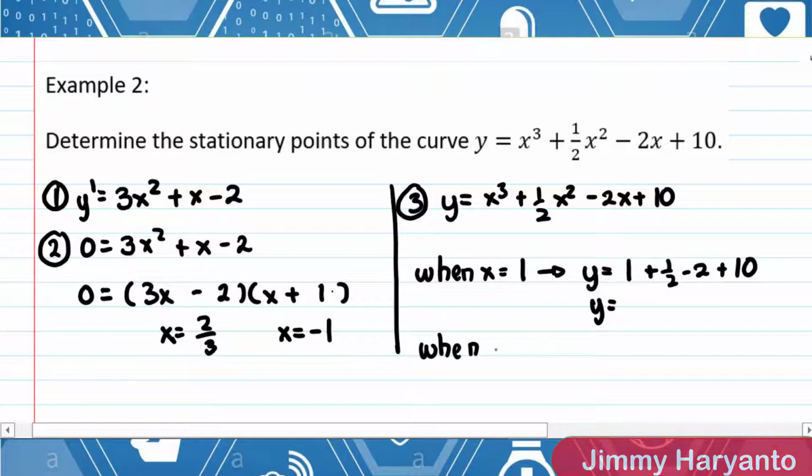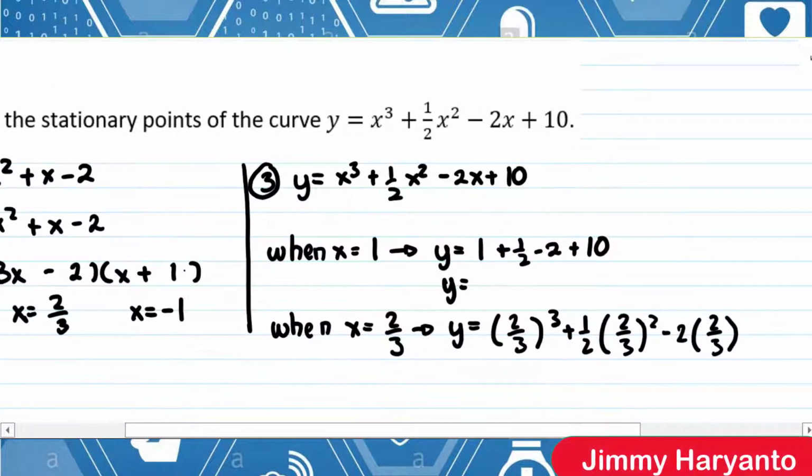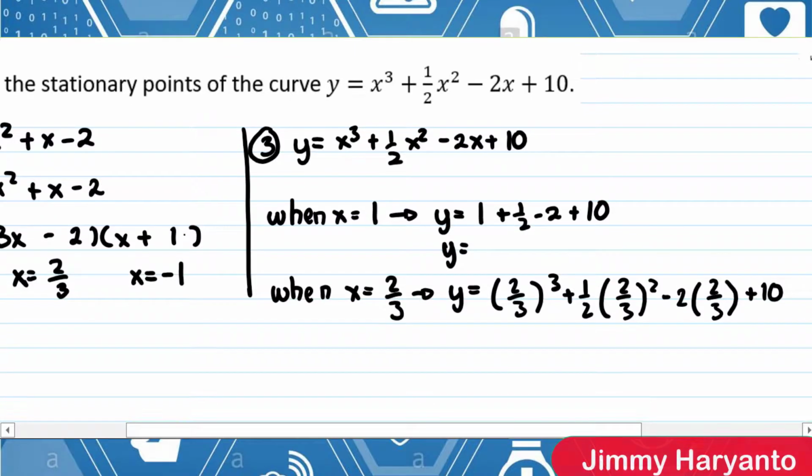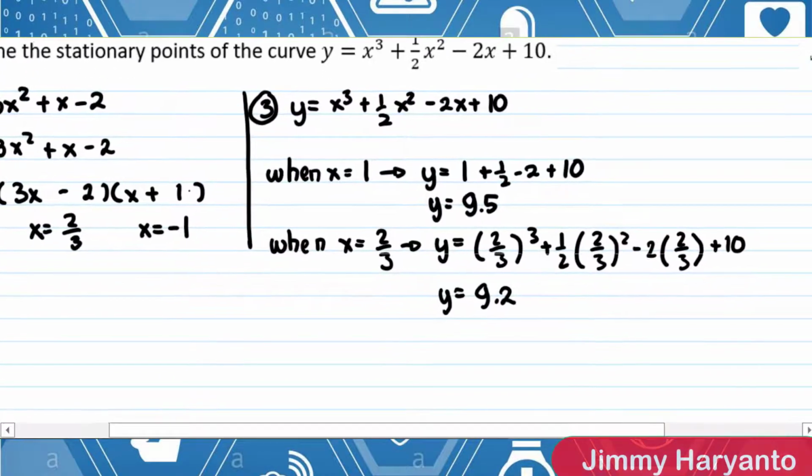And then the next one is when x equals 2 over 3, that means the value of y will be 2 over 3 cubed plus half times 2 over 3 squared minus 2 times 2 over 3 plus 10. Okay, so the results for the first and the second y are 9.5 and 9.2. I'm using the calculator to find the result because the numbers are not so nice.